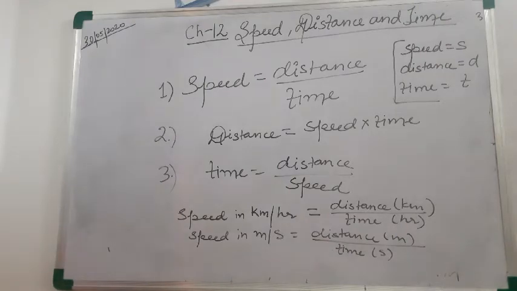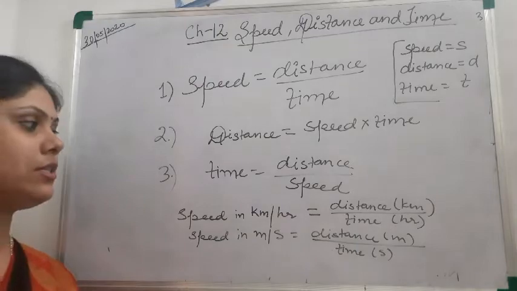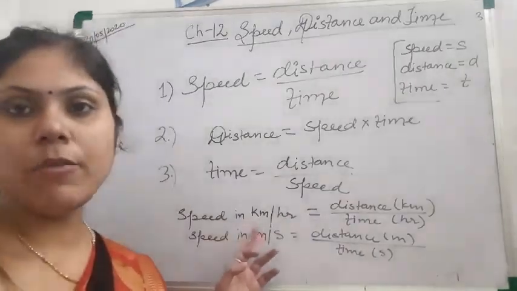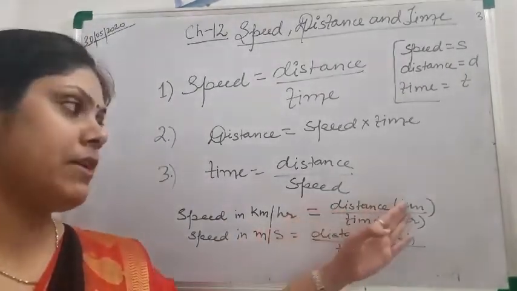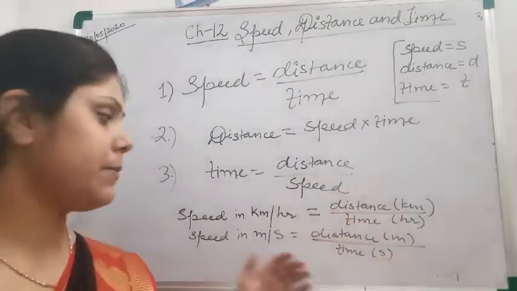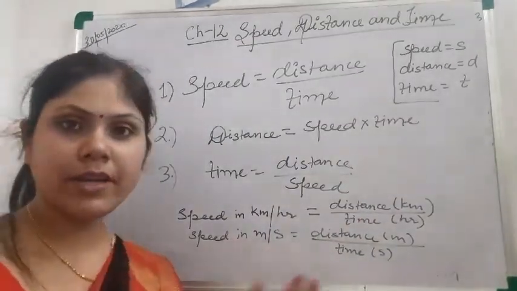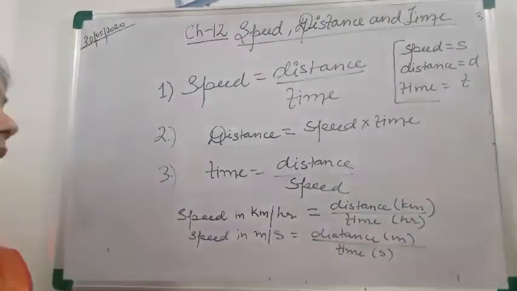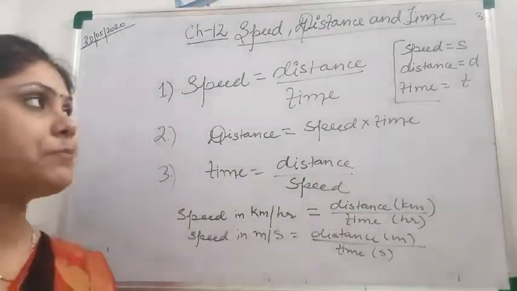Speed is equal to distance upon time. Distance is equal to speed into time. Time is equal to distance upon speed. Speed can be written as small s, distance small d, and time small t. If speed is in kilometer per hour, distance will be in kilometer and time should be in hour. If speed is in meter per second, distance will be in meter and time will be in second.